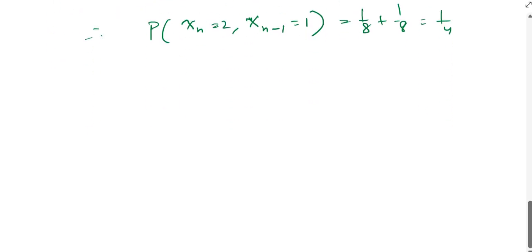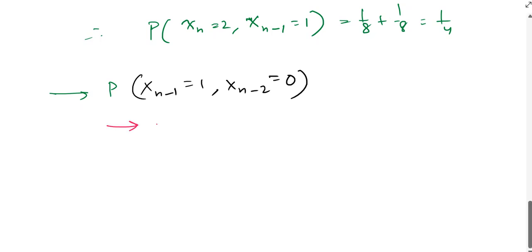So probability of X(n-1) equals 1 and X(n-2) equals 0. Then for Xn equals 2, here some cases will be there.